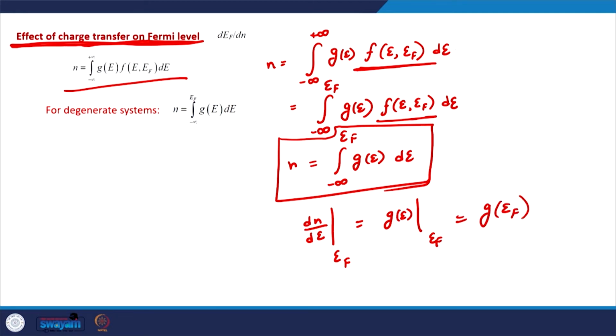Here G is the density of states at EF, and the left hand side expression becomes dN divided by dEF. So what we have is this expression.